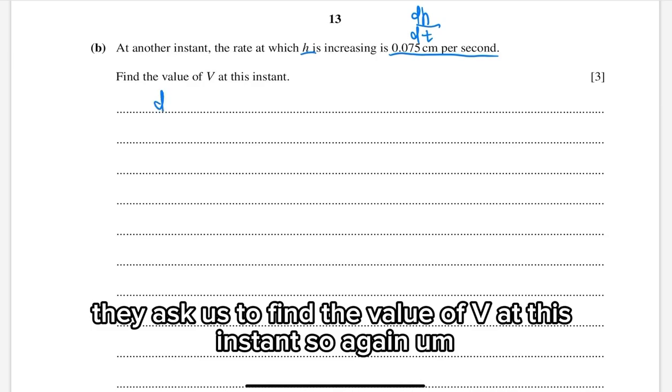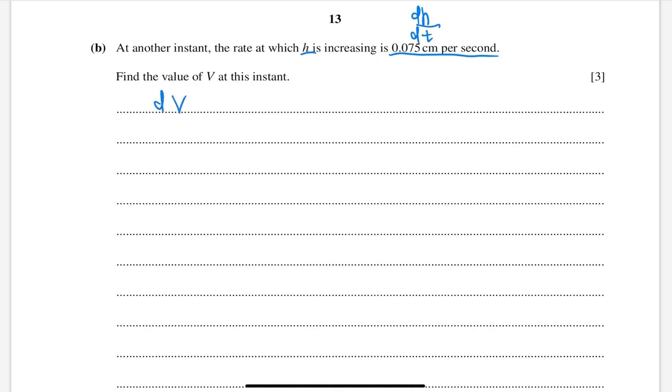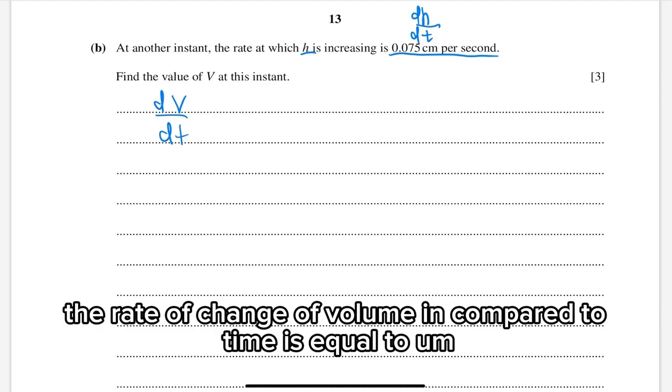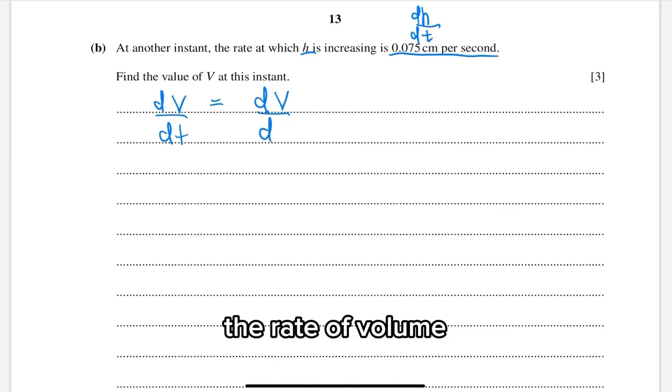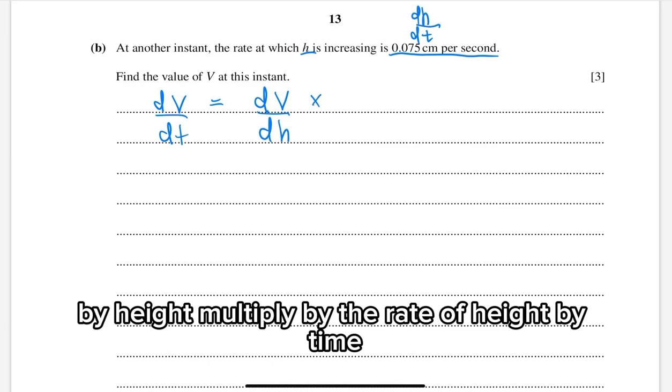So again, the rate of change of volume compared to time is equal to the rate of volume by height multiplied by the rate of height by time.